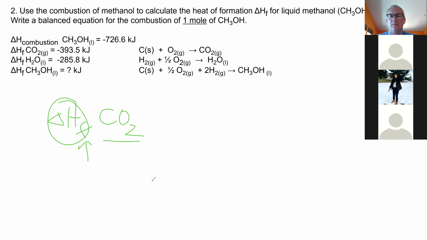Mm-hmm. And what's unique? Well, also look at water. The heat of formation of water is right underneath that, and the heat of formation of methanol is right under that. What's unique about all three of these? Look at the reactants. Solids to gas.